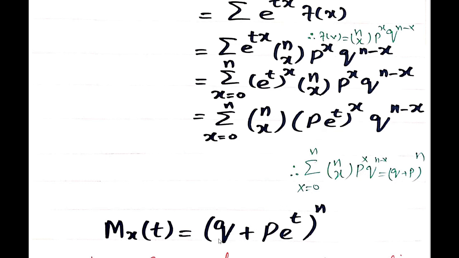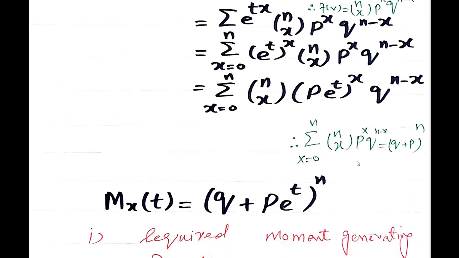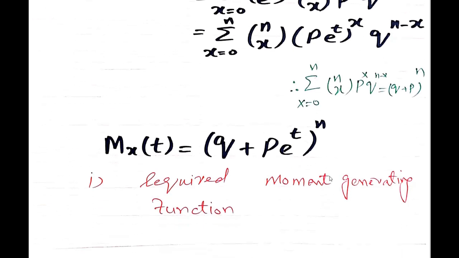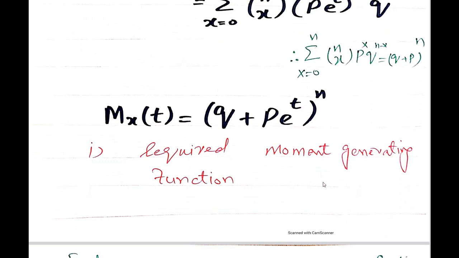We write it as (q+pe^t)^n, because here instead of p we use pe^t. So we write pe^t in place of p, because in this expression we use (pe^t)^x. So our moment generating function is (q+pe^t)^n, which is the required moment generating function.